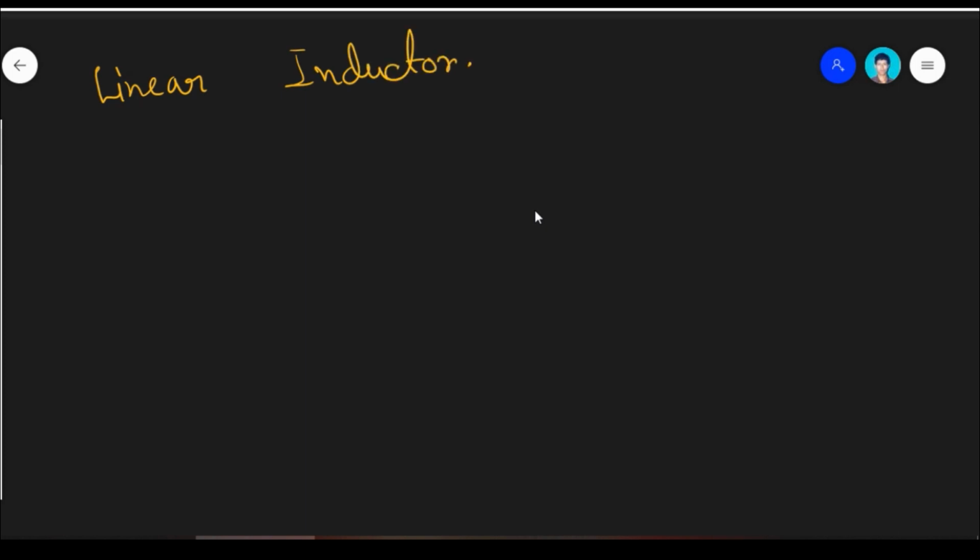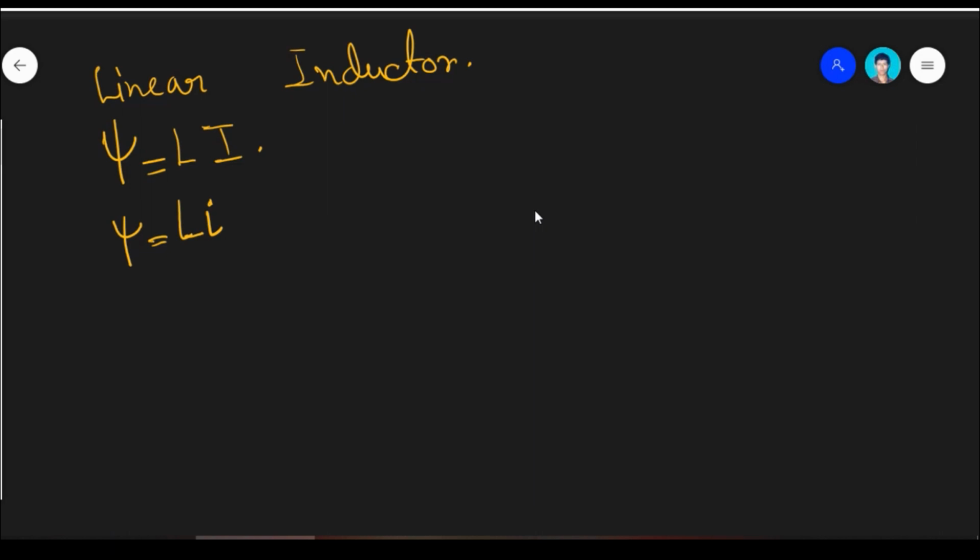While talking about a linear inductor, your linear inductor equation will be psi is equal to Li, or for instantaneous value you can write psi is equal to Li.